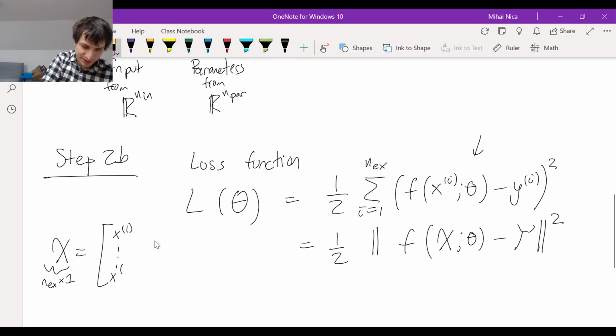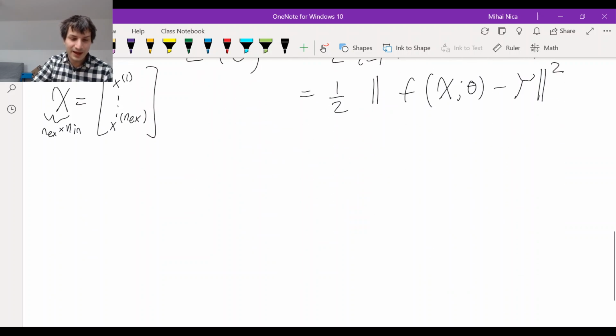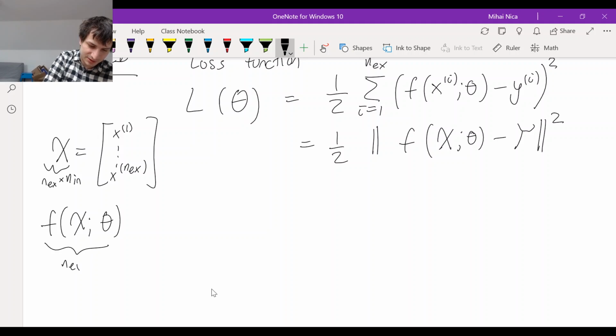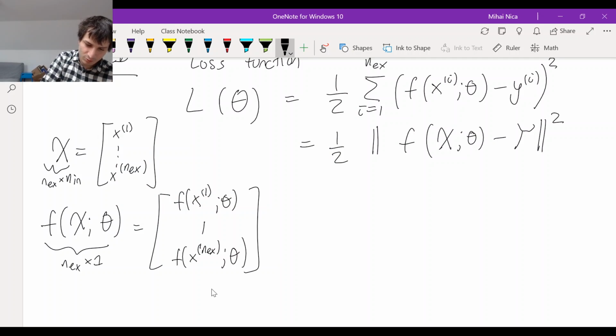Applying f to it gives you what you would expect. So f of X theta gives you a number of examples by one vector: f of x_1 at the parameters theta, all the way up to f of x_n at theta. And y is the vector with all of the training outputs, y_1 and so on.